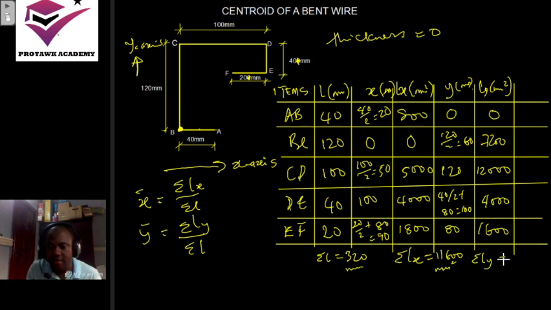And for this one, we have 7,200 plus 12,000 plus 4,000 plus the last one, which is 1,600.